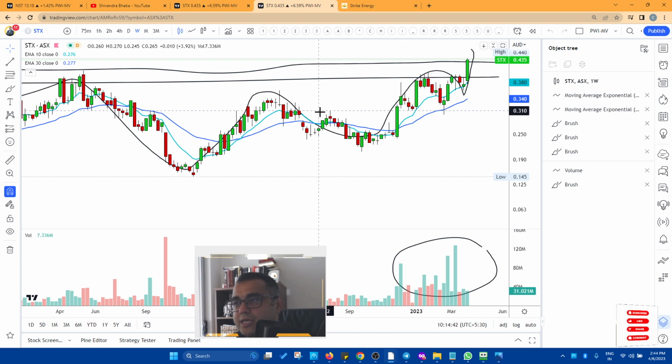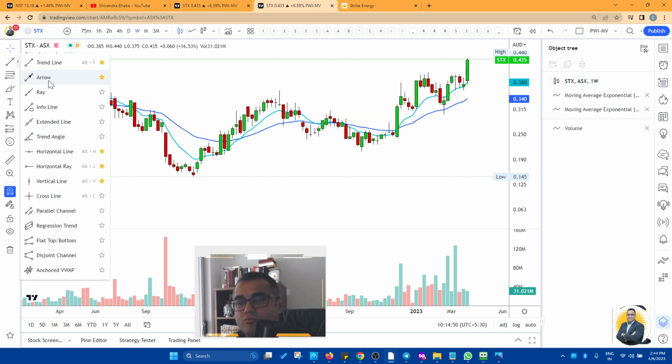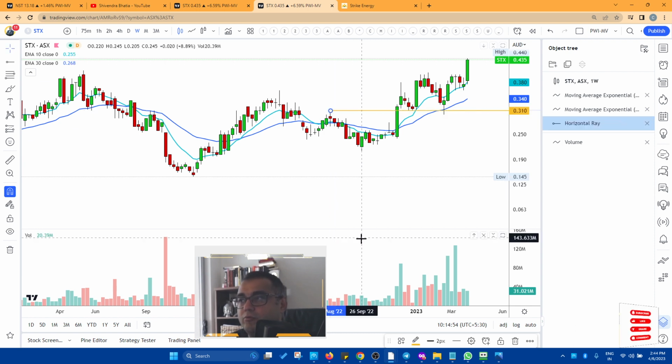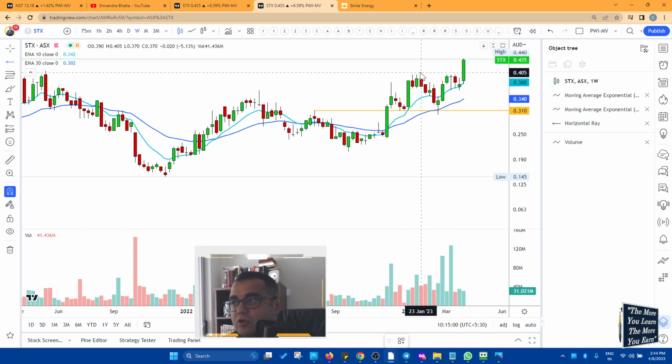So this was the absolute time where, to me, if you look at the markets daily, you want to catch them young. You don't want to catch them at that point. So for me, this is a period where it is there. Now, again, the next level which has been consolidating here.